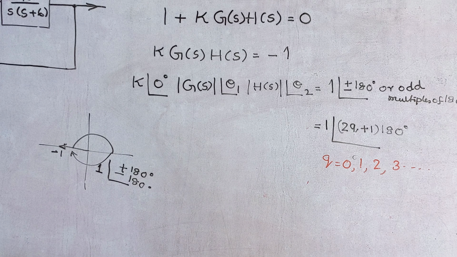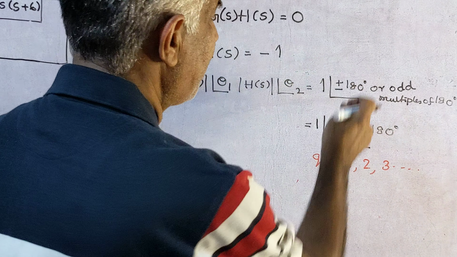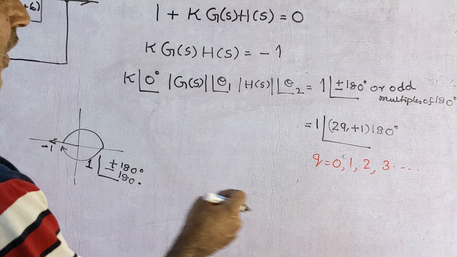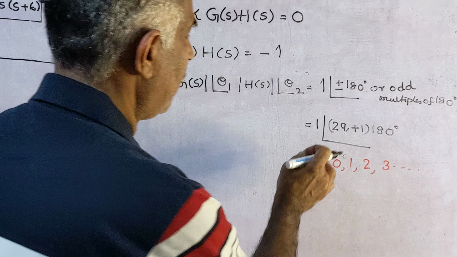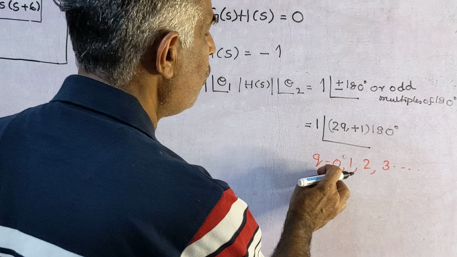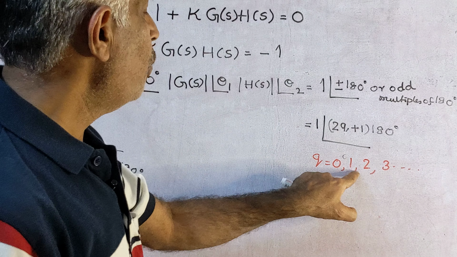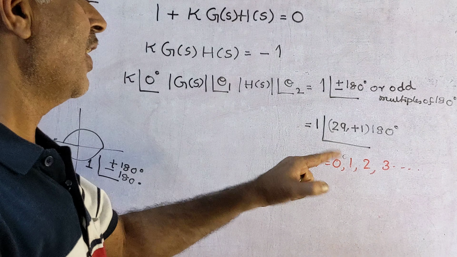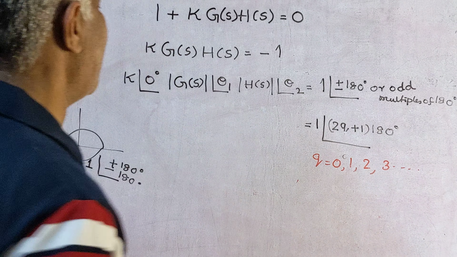So plus or minus 180 are odd multiples of 180 degrees, 540, etc. That is why I wrote odd multiples of 180 as (2q plus 1) 180 degrees, where q equals 0, 1, 2, 3, etc. For q equal to 1, 2 plus 1 is 3 times 180, so 540, like that. So odd multiples. That is why I wrote (2q plus 1) 180 degrees.